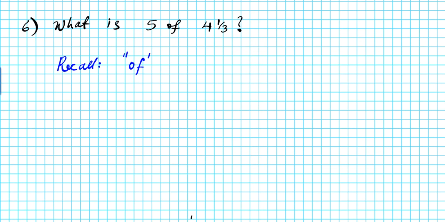What operation is of? Of is basically telling you to multiply. Okay, so 5 of 4 and a third is the same thing as saying 5 multiplied by 4 and 1/3.